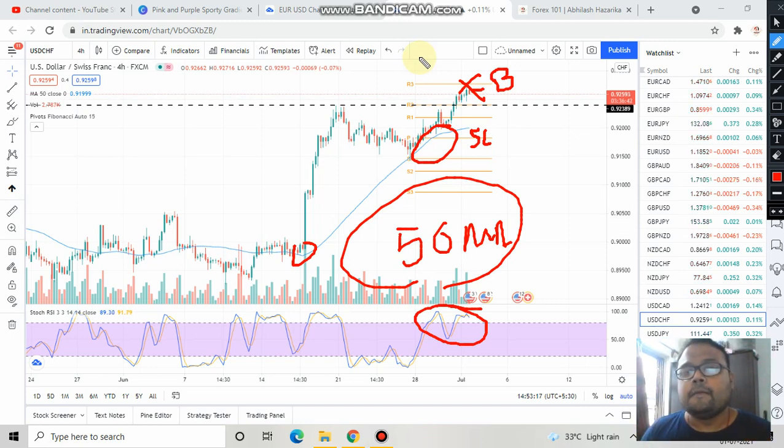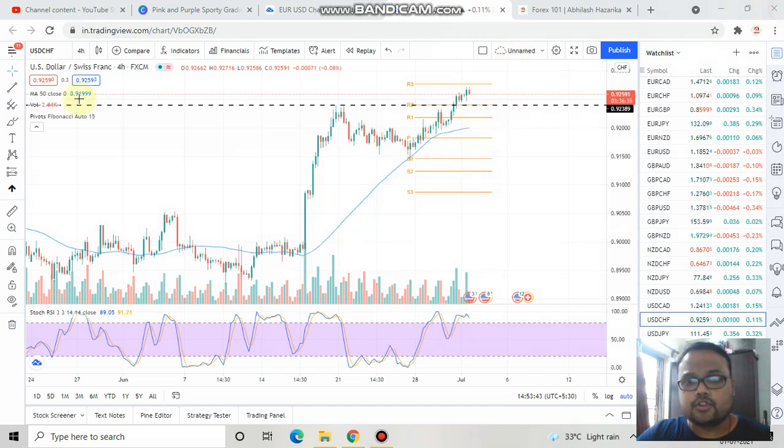You should develop the art of waiting. So wait for the market to come down to the support level. As of now, the 50 moving average is the only support level in this market. So let's wait for the 50 moving average and see how it reacts once it hits that level. Let's wait and watch.